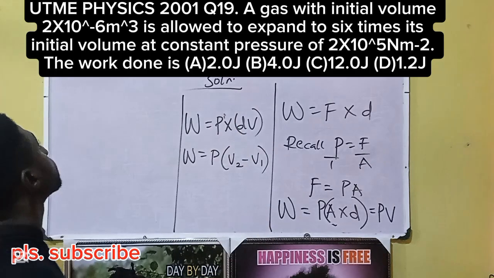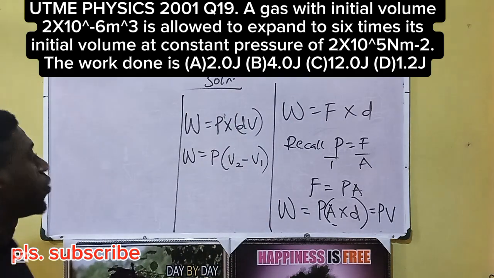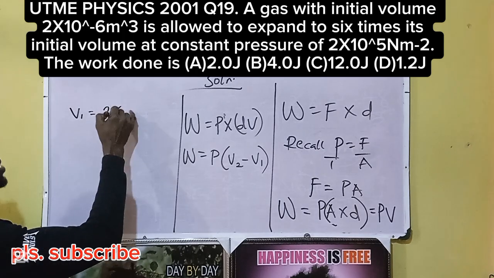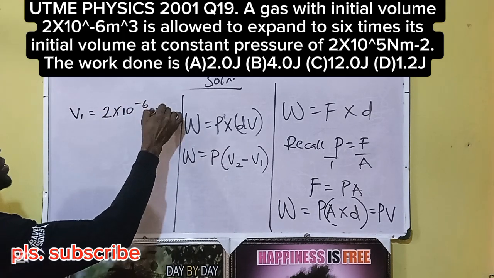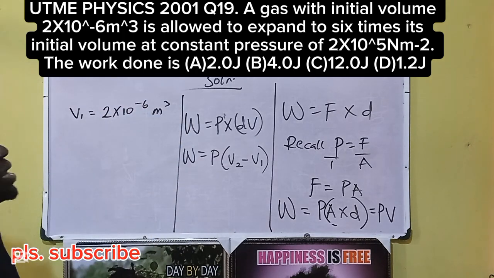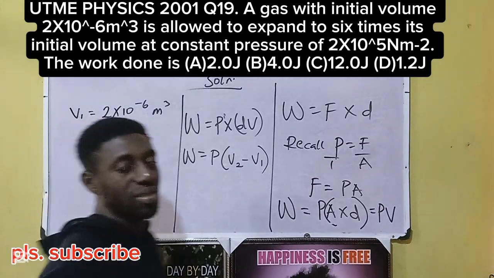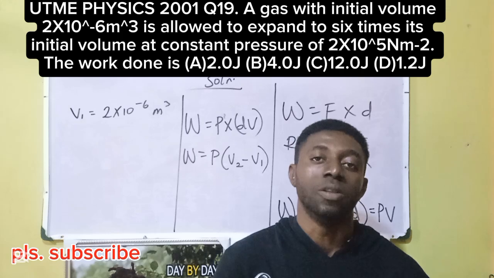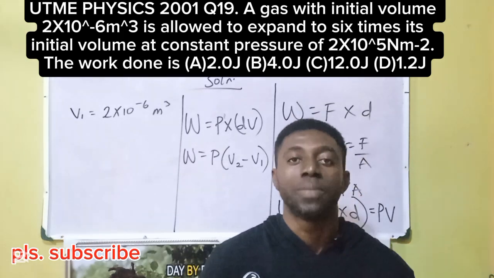Then going back to our question. A gas with initial volume V1 is 2 times 10 raised to the power minus 6 meter cube, is allowed to expand to 6 times its initial value. When something expands, we have V2, a new volume. That's the change we're talking about.